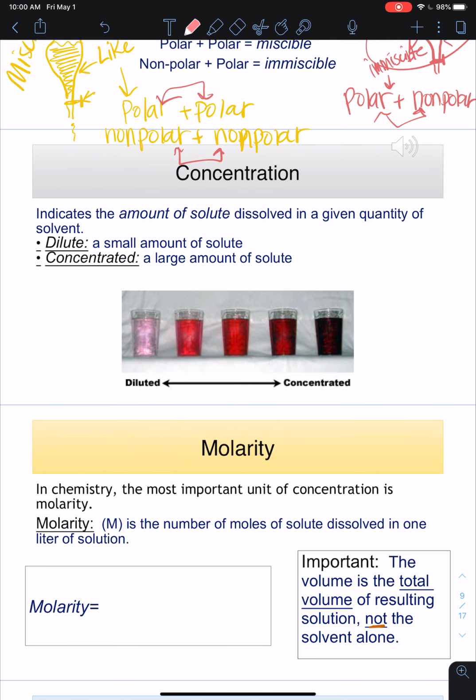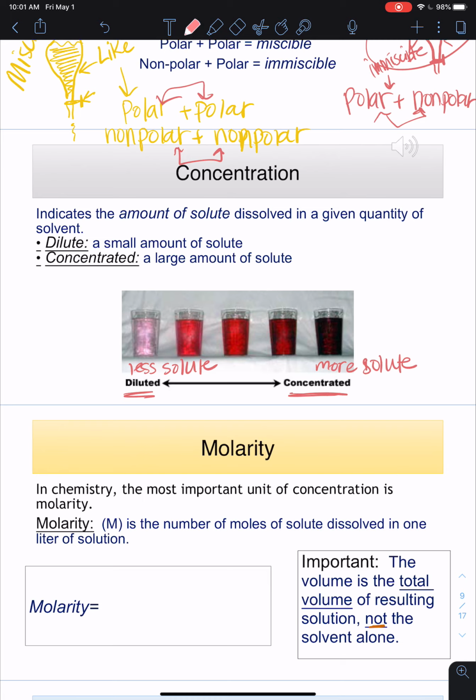All right, so let's talk concentration. I really like this picture because it gives you a visual for when you have less and when you have more. So when you have less, you're dilute, and when you have more, you're concentrated. So less meaning less solute and more meaning more solute. Here you get a pretty little picture, but of course everything is not colored and obvious.